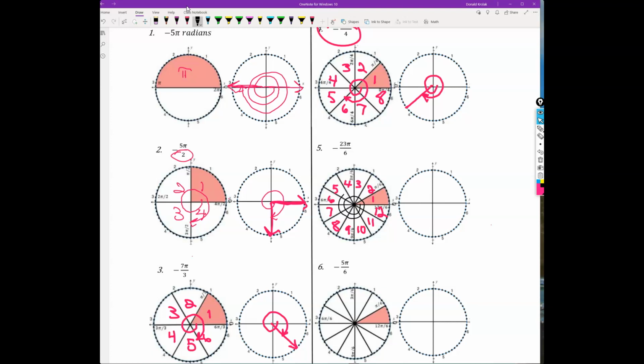That's 6 more. There's 5 more, and there's our angle. That's what negative 23 pi over 6 would look like. That's 1 time around. Okay. Almost 2 full times around. And that would be negative 23 pi over 6.